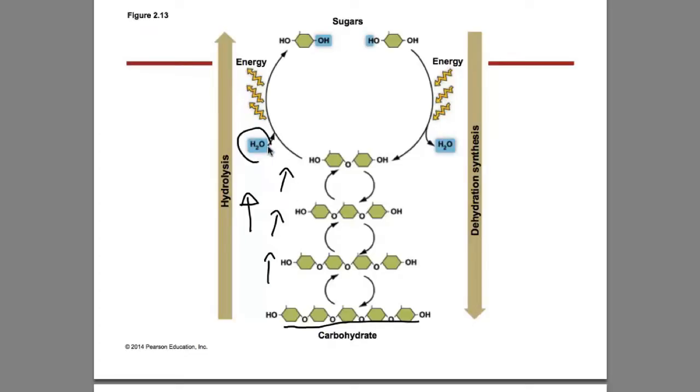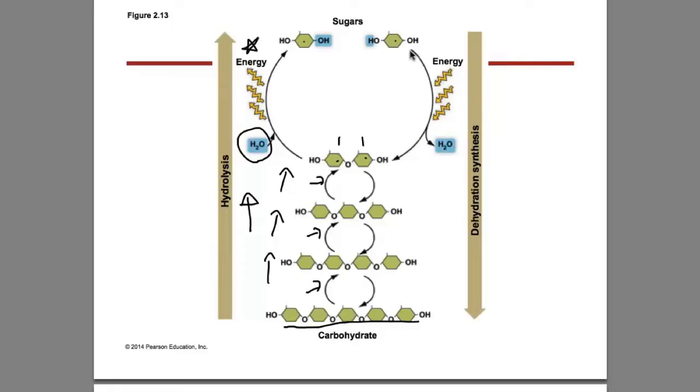So here's water going into those reactions. Here I'm showing you just one of them, but all of these reactions will require water as you break down things. So here you go from this two-component micromolecule, and you end up with two separate individual sugars. This is releasing energy.